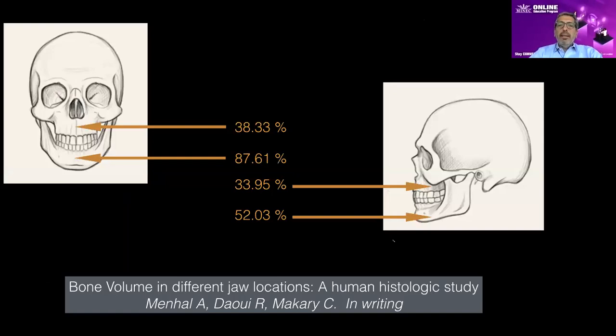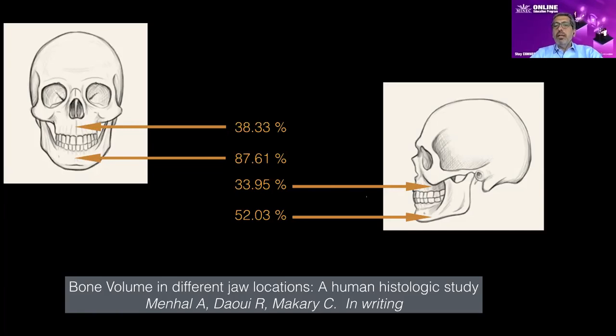And this lets us tell that in different parts of the jaws, we have different types of bone mineralization and bone density. As you can see, in the anterior mandible, for instance, we have a mean bone mineralization of 87%, which is huge.